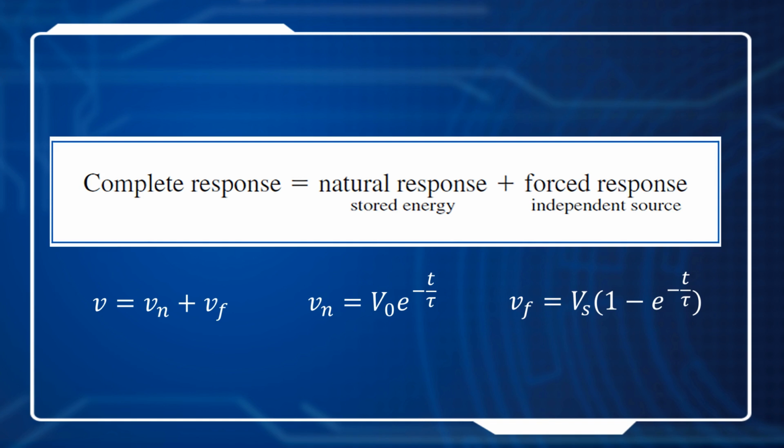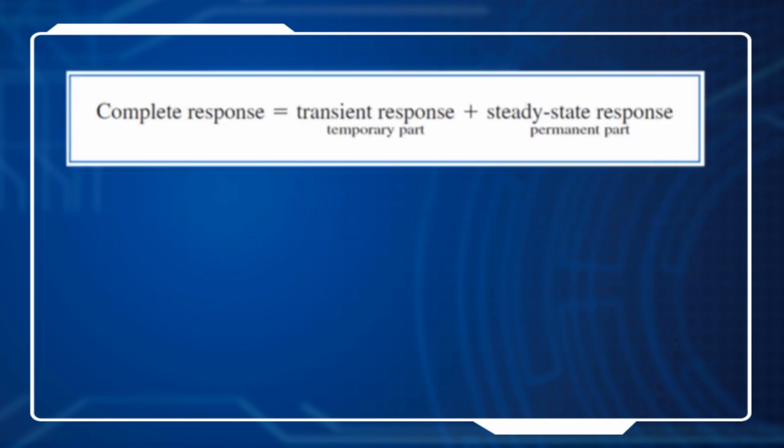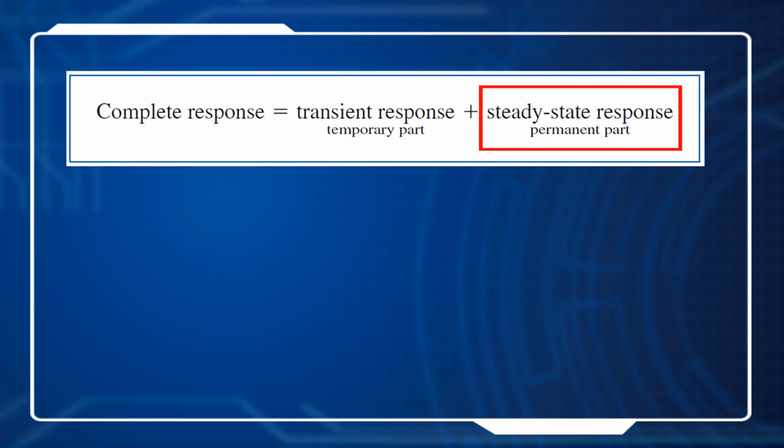On the other hand, the complete response of an RC circuit can be divided into two parts like this. Complete response equals transient response plus steady state response. The first part is the temporary part, which means it will disappear when time is large enough. The second part is the permanent part, which means it will stay forever.